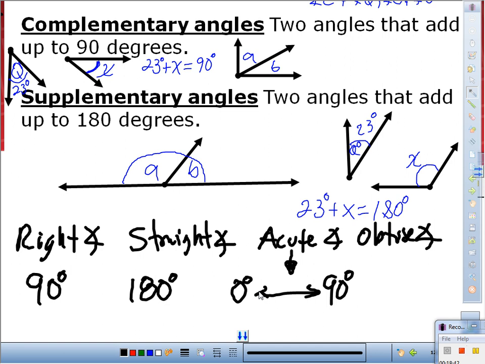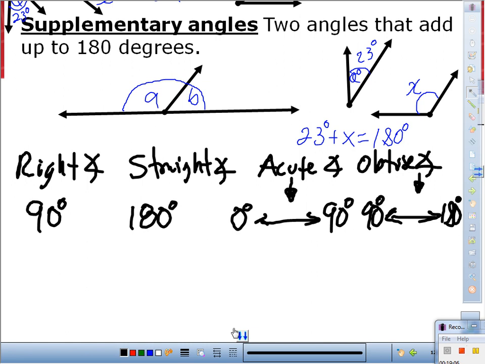It cannot be 0 and it cannot be 90. Anything in between. Therefore, obtuse is anything in between 90 to 180, all the way to the end.